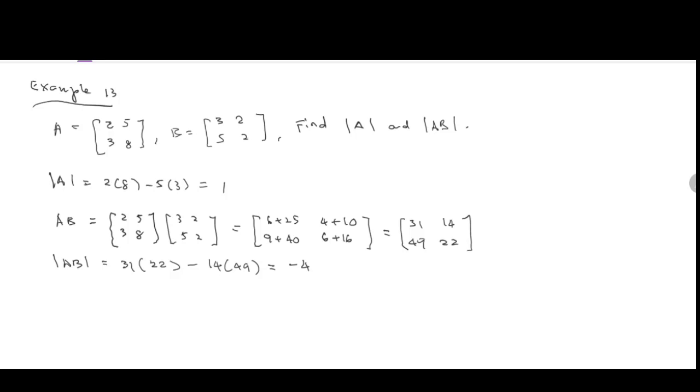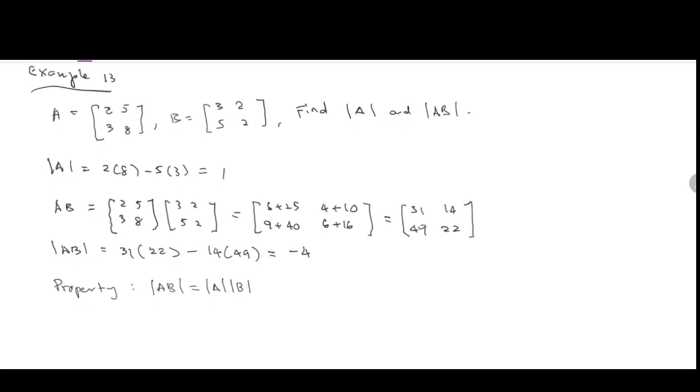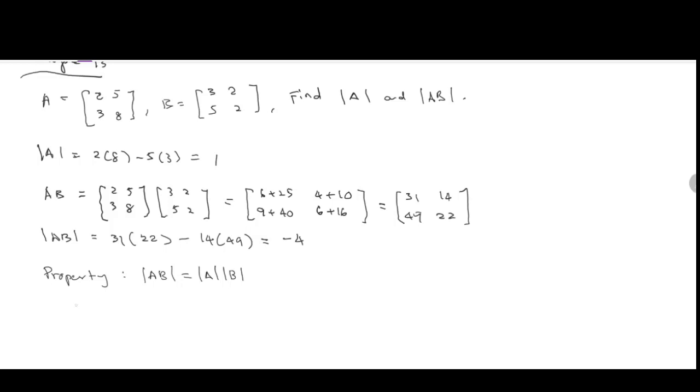Okay, there is another way to find the determinant of AB, where we can use a property. The determinant of AB is equal to the determinant of A multiplied by the determinant of B. We already have the determinant of A, so we are going to find the determinant of B. The determinant of B is 3 times 2 minus 2 times 5, which is equal to -4.